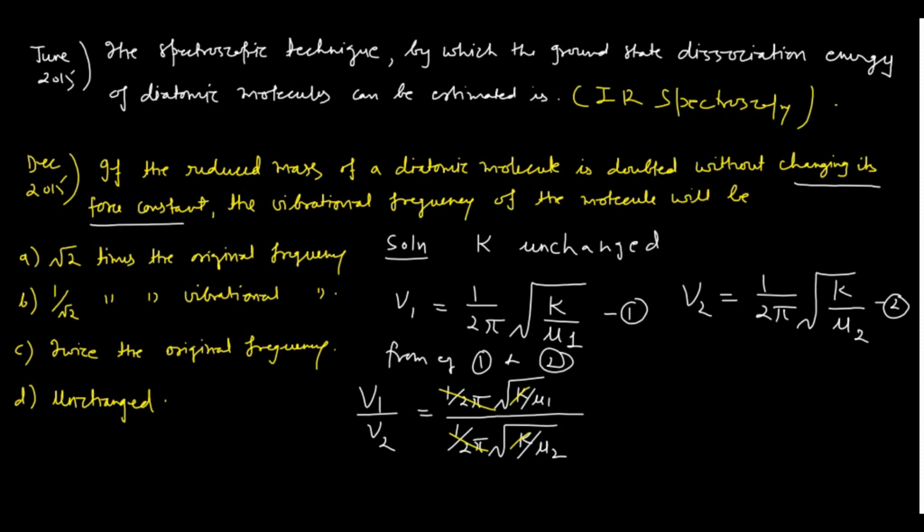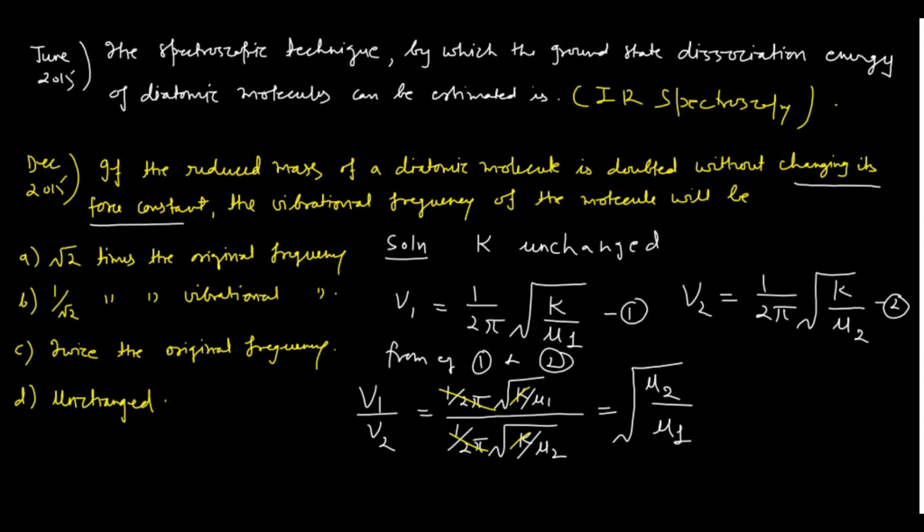And when you do this, you are left with the under root of, not mu1 actually, sorry, under root of mu2 over mu1. Why did I do that? See, this mu2 is in the denominator, so this will go up, and here also this mu is in the denominator, this will come down. That's why mu2 by mu1. And then you can put the values here.